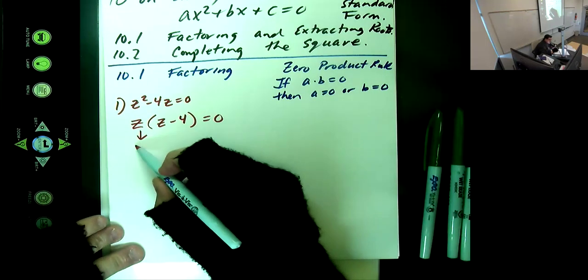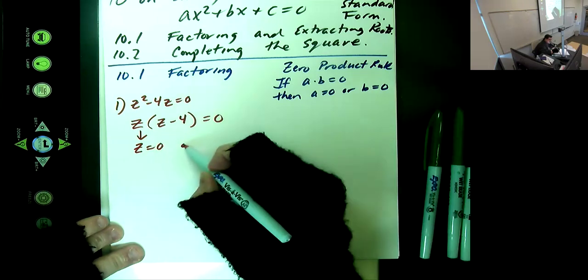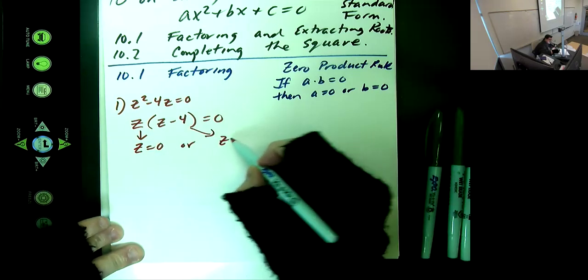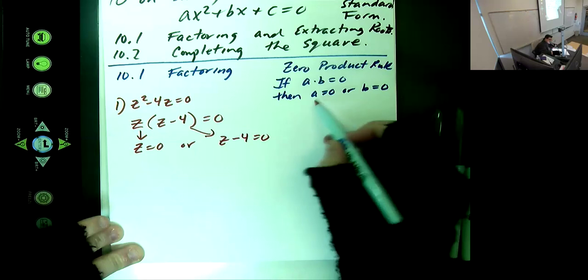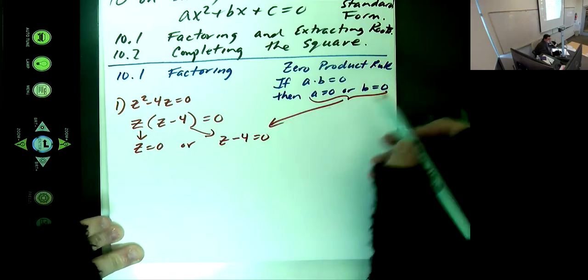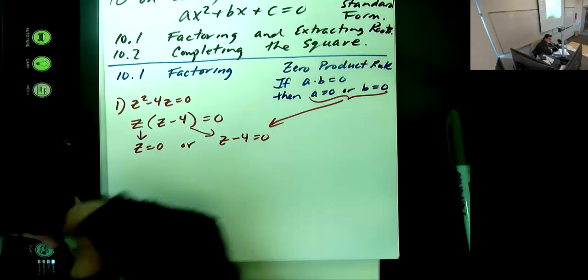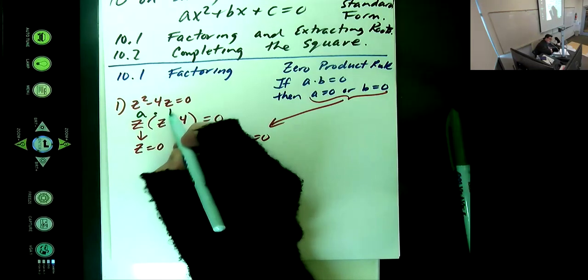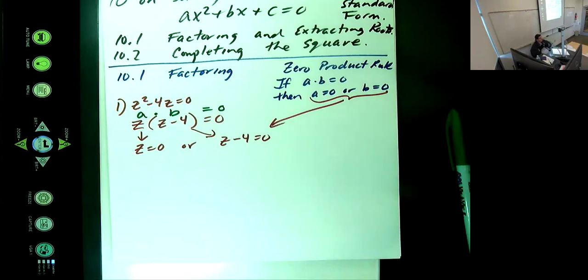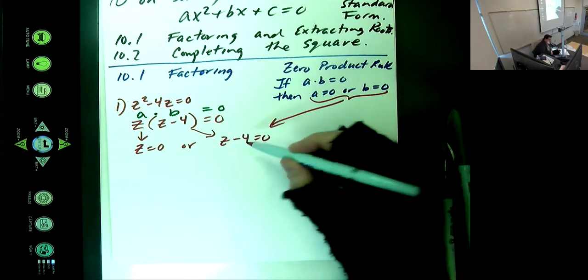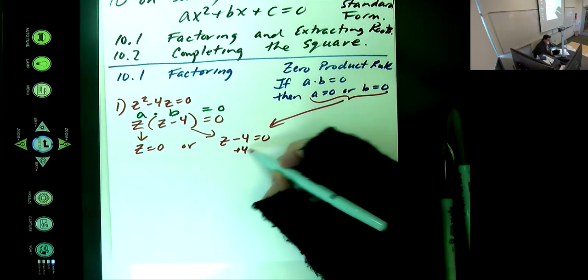So I can take this and say z equals 0 or z minus 4 equals 0. This is doing this part, because this is like my A times B equals 0 right here. And we now got linear equations, we solve them.